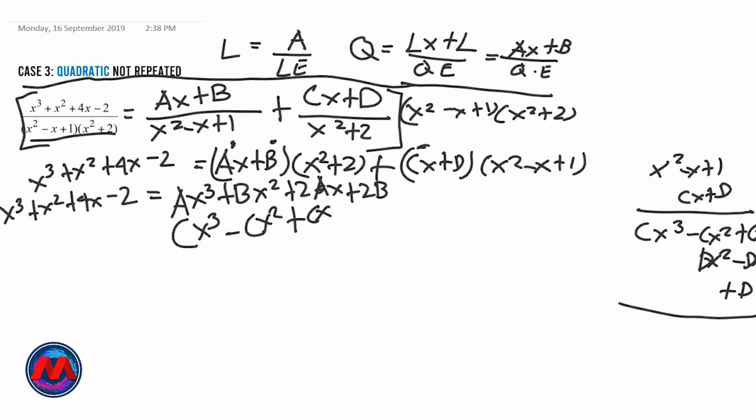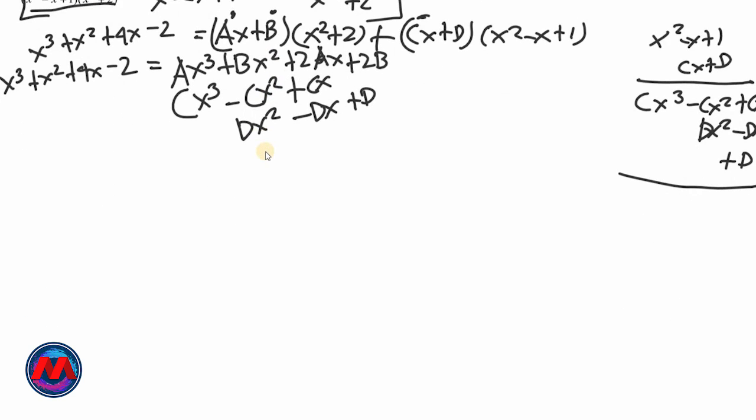Plus cx, dx squared, dito siya sa baba, tapos negative dx dito siya, tapos d dito siya. Alright. Mag-change tayo ng pen. Para yung color green. Kulay green naman tayo ngayon. Baba natin siya ng konti.